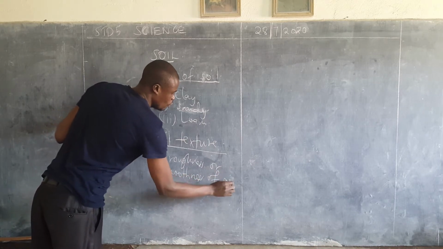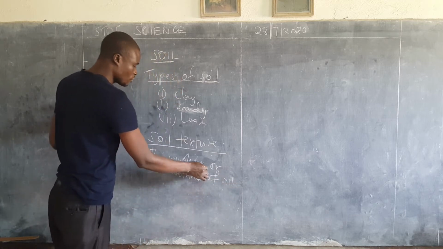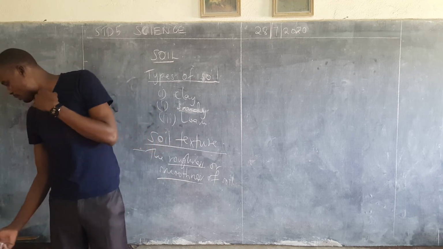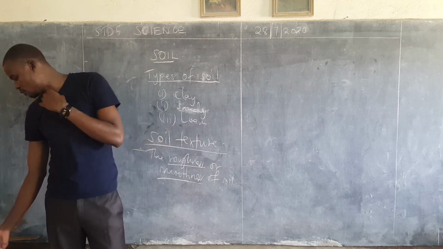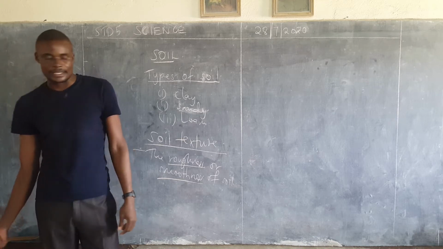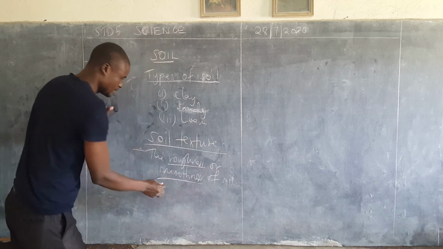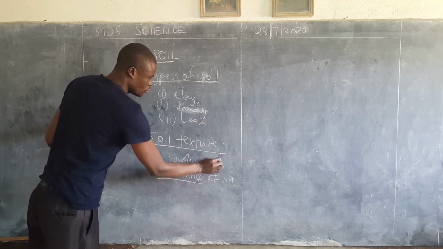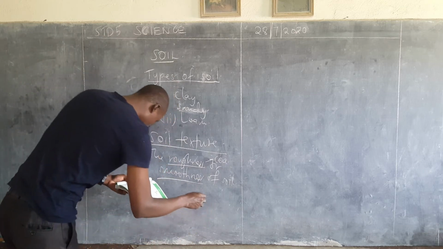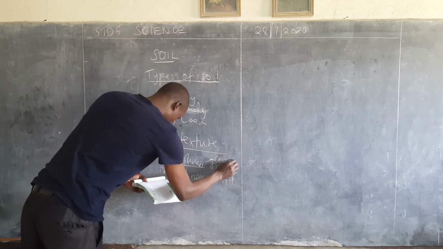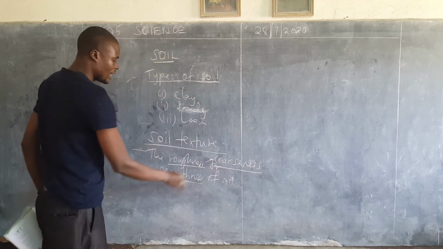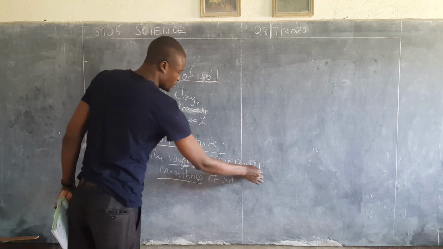From class 2 onwards, we have been learning about this, which soil is rough and which one is smooth. I just mentioned them as we were beginning this lesson, the roughness and smoothness of soil. The roughness of soil is also referred to as the coarseness. Talk of roughness, this word rough can also mean coarse, the coarseness of soil. A rough soil is also said to be coarse.